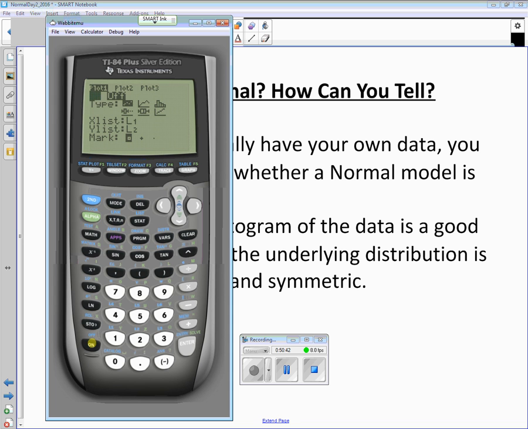Now, I don't really like the histograms that the calculator provides because they do wonky bins on the bottom. So you have to take the histogram that the calculator provides with a grain of salt, okay? So you're really looking for a relatively symmetric shape. Got it? So we're going to hit enter here.